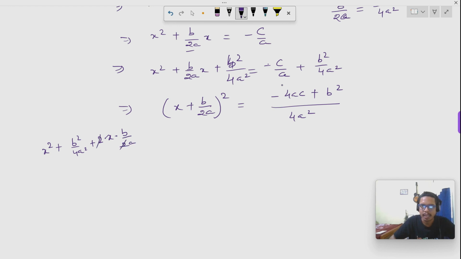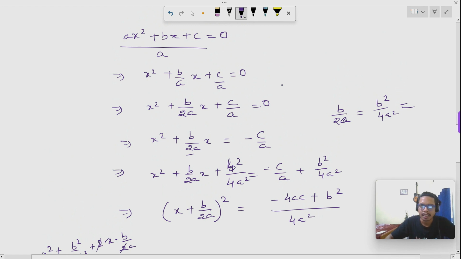So this 2 and this 2 will be cancelled out. So the end product is going to be b over a x plus b square over 4a square.